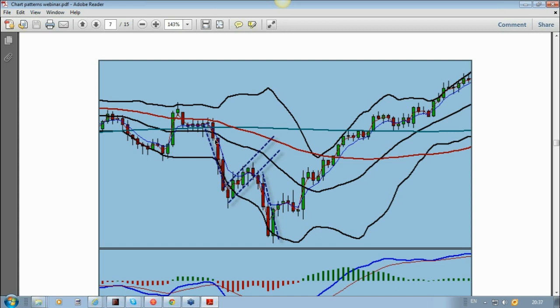What makes them good to trade is the risk reward. Because on double bottoms you have 1 to 2. In flags you have 1 to 2.5, even 1 to 3. That's what makes it a very, very good risk reward.